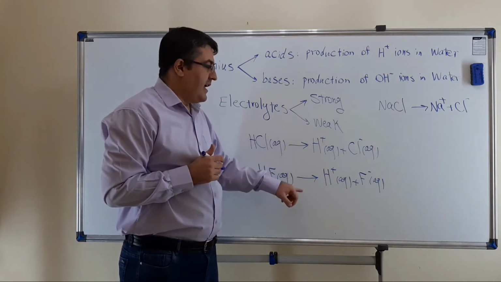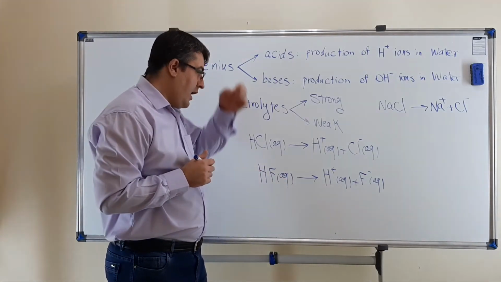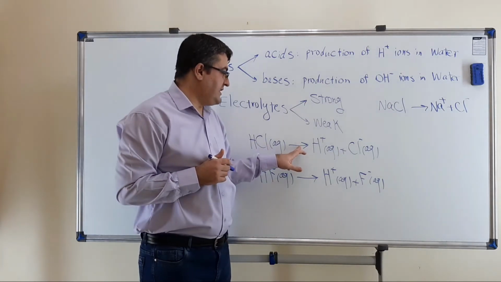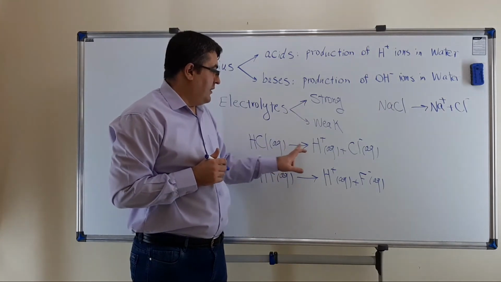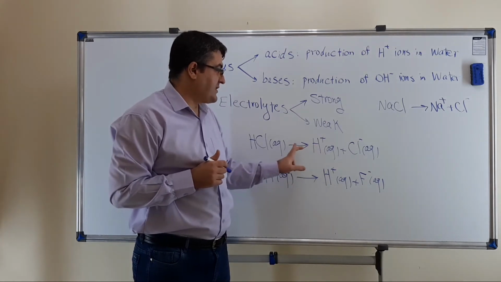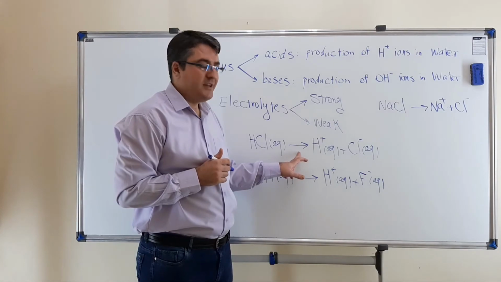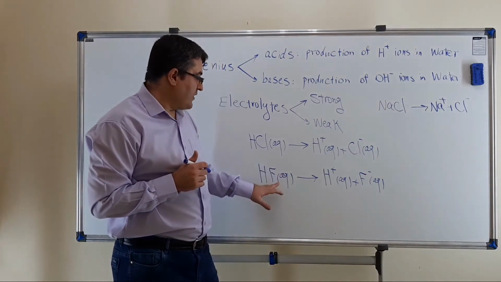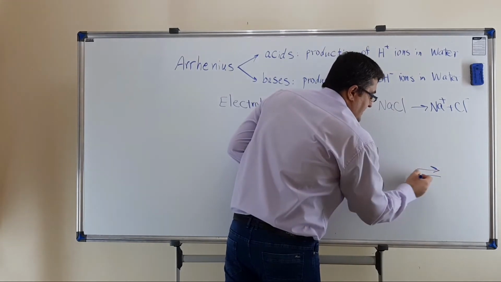Their difference can also be shown by signs. We usually use these signs for strong ones. This is the sign for a net forward reaction. While for weak ones, we usually use one of these signs.